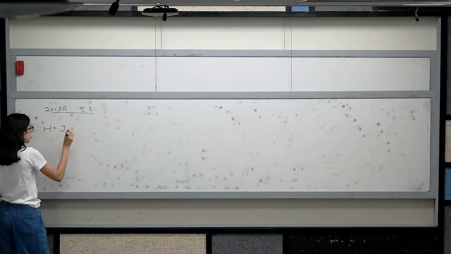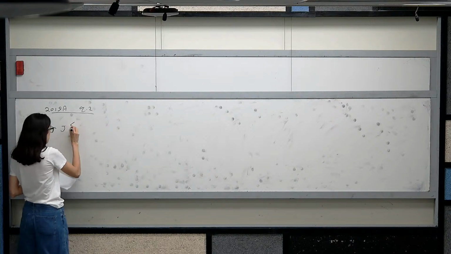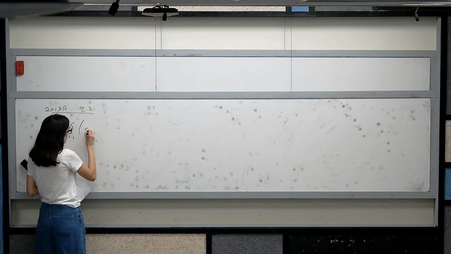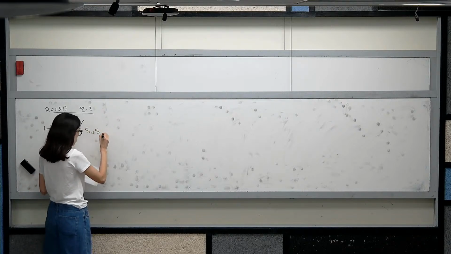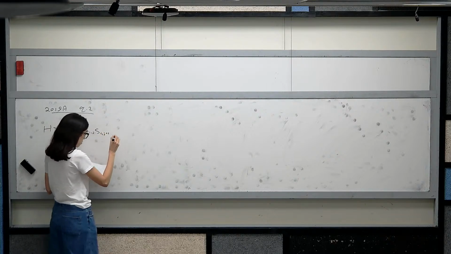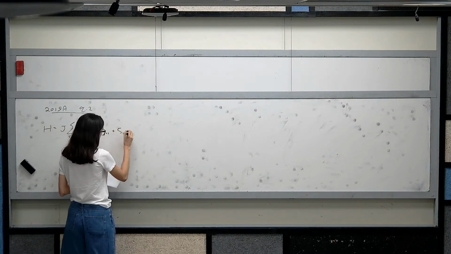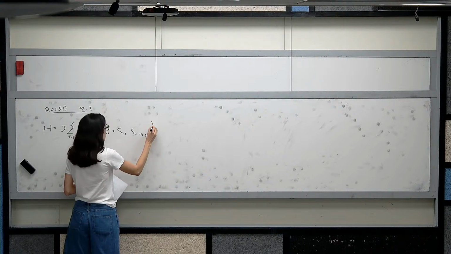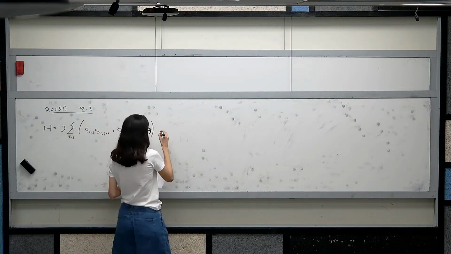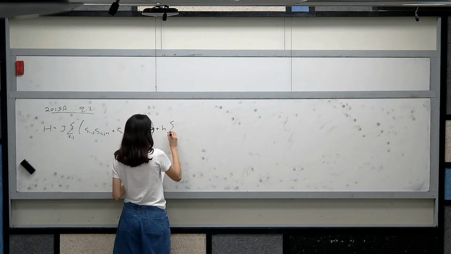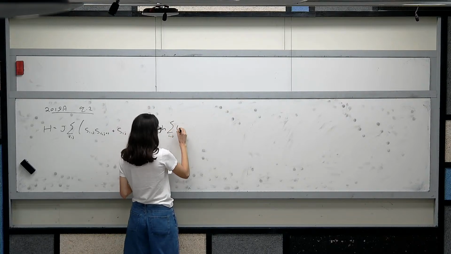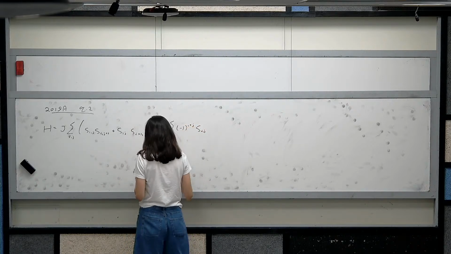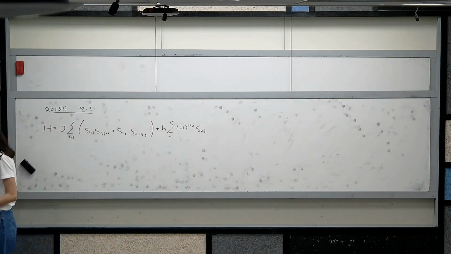So the Hamiltonian is equal to J, sum over i,j of S_ij S_i+1,j plus S_ij S_i,j+1, plus H sum over i,j of S_ij.